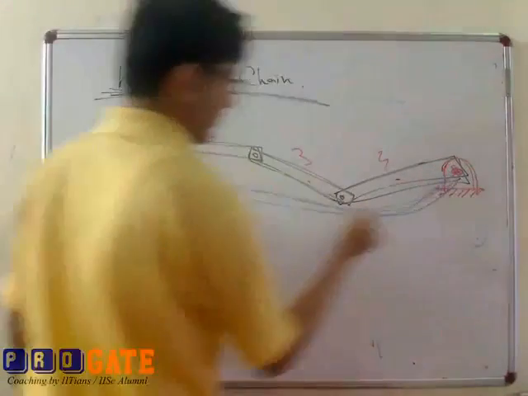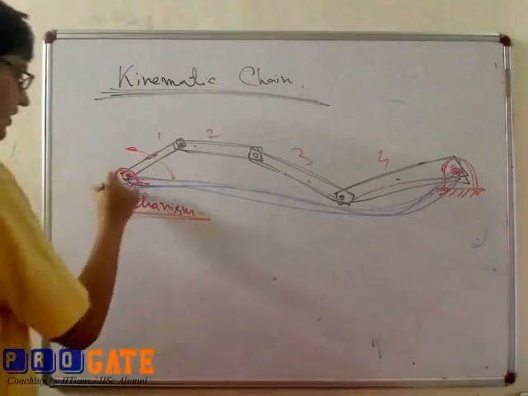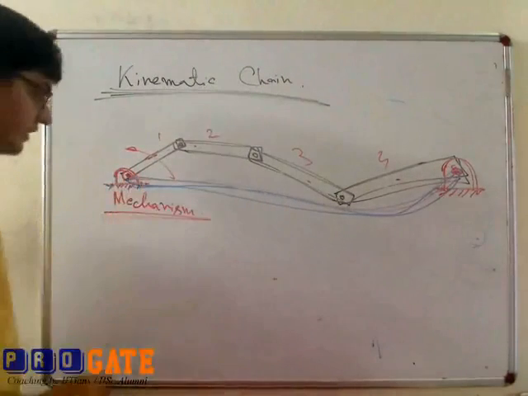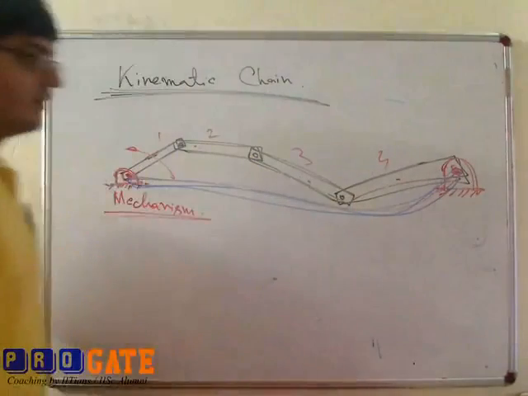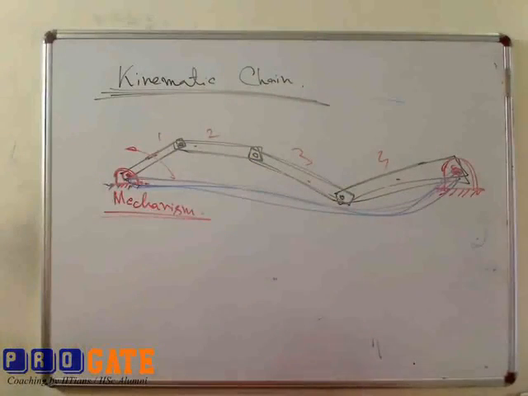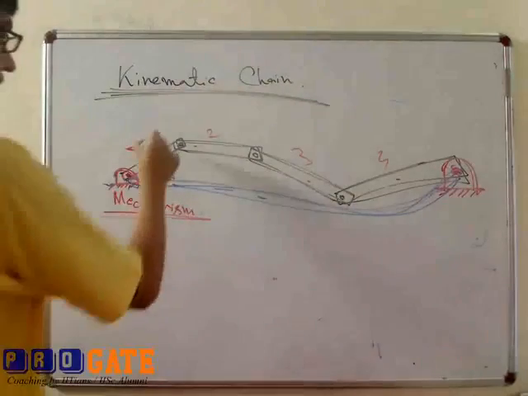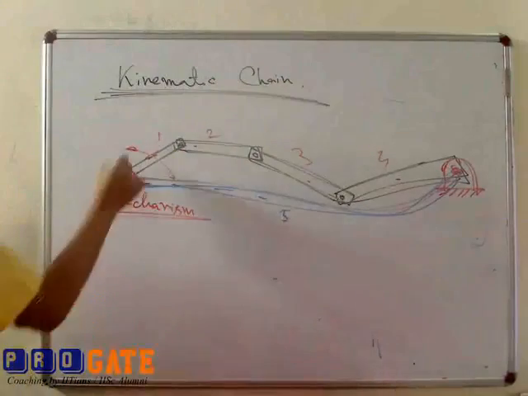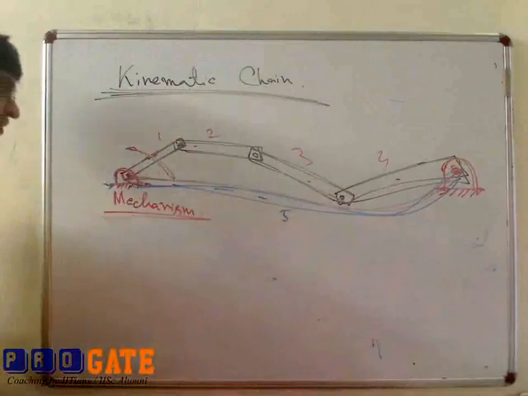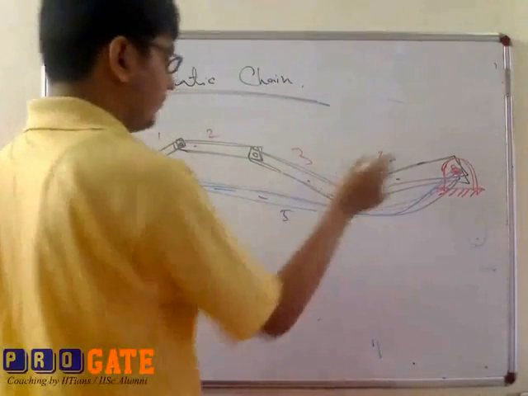Remember this point. When you join any kinematic chain to the ground or to any fixed object, this fixed object also acts like a link, or an element. So in this case the number of links is 1, 2, 3, 4 and 5. Now if you give a motion to link 1, then you can calculate the motion in 2, 3, 4.